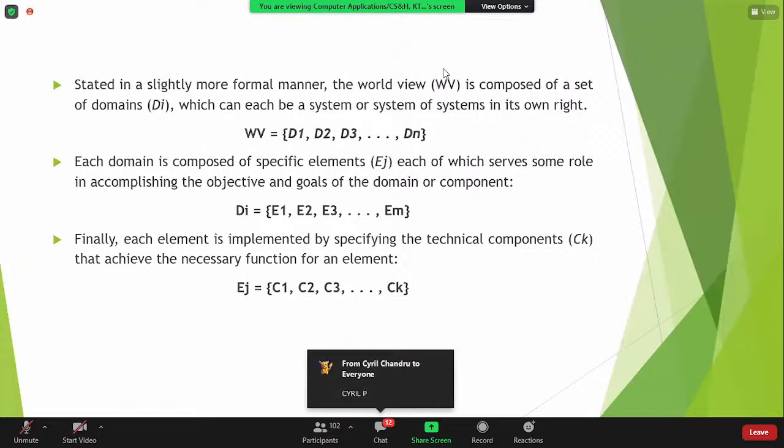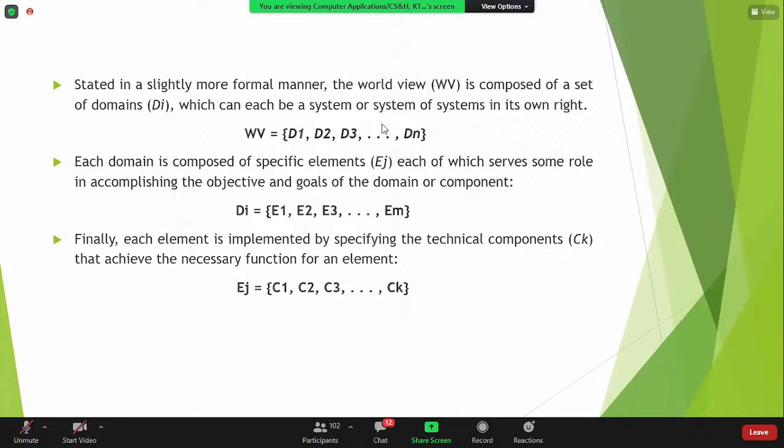From the diagram, you can understand this. See, world view is WV and domains. We cannot fix how many domains there are for a particular project. So simply they call this DI. DI is domain. See here from domain 1 up to domain N.